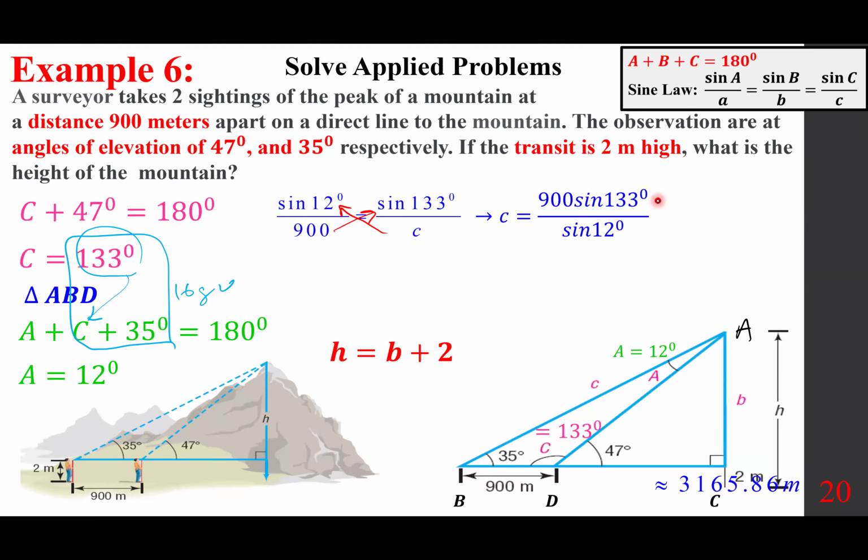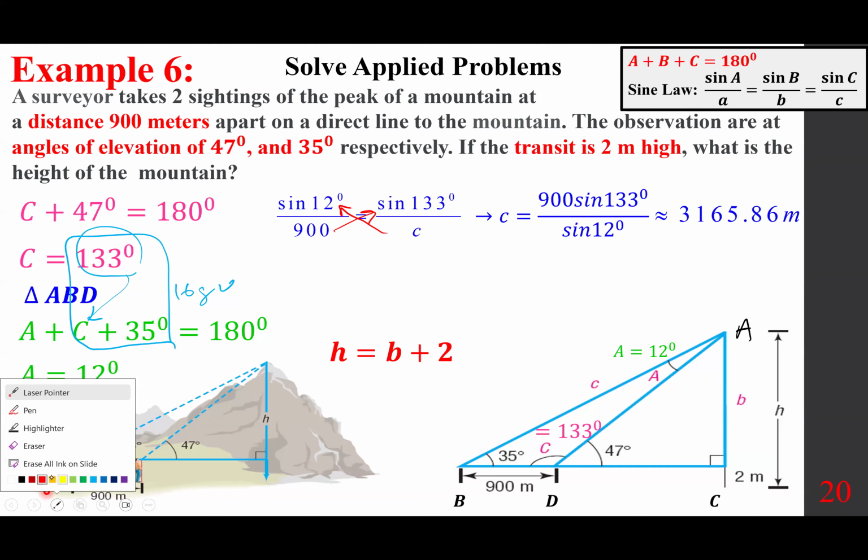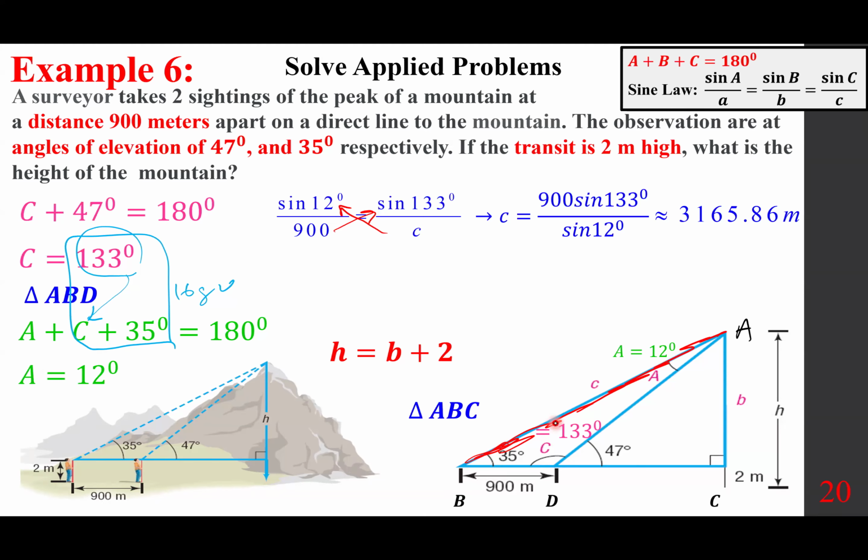Putting it into a calculator results in 3,165.86 meters. So now that we have this, if we go to the big triangle ABC, we know this angle is 35 degrees.